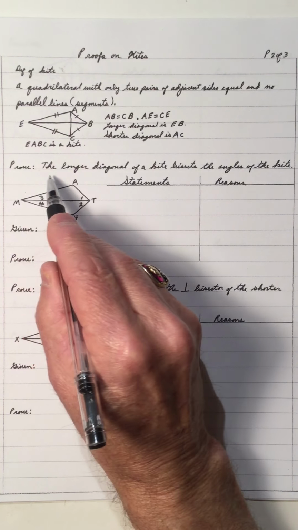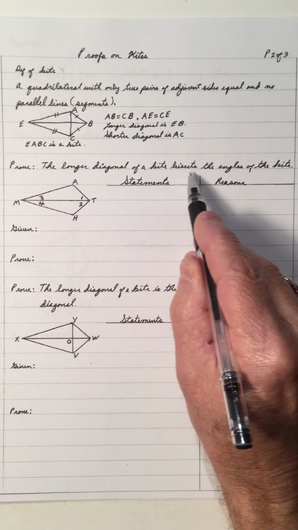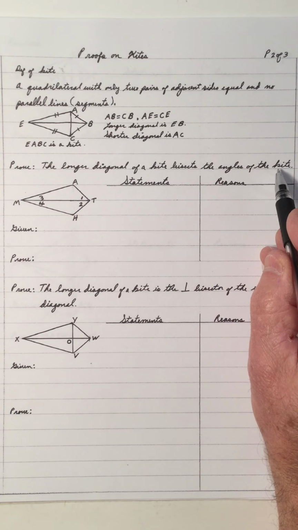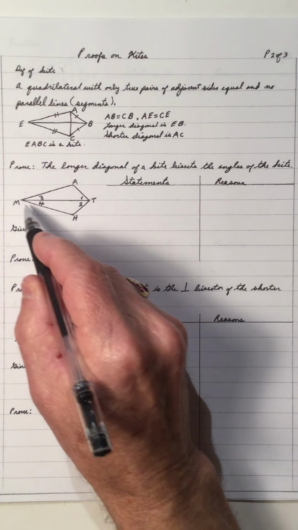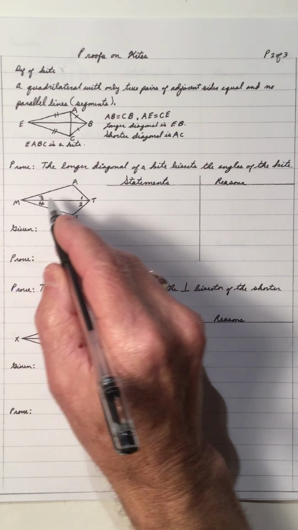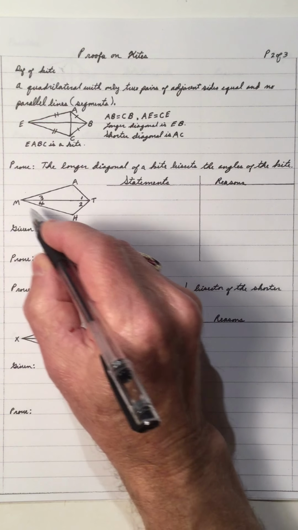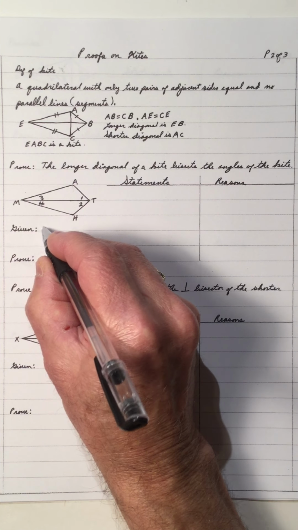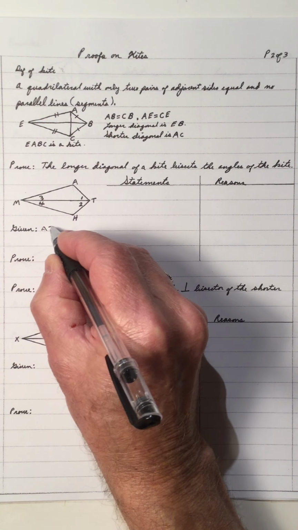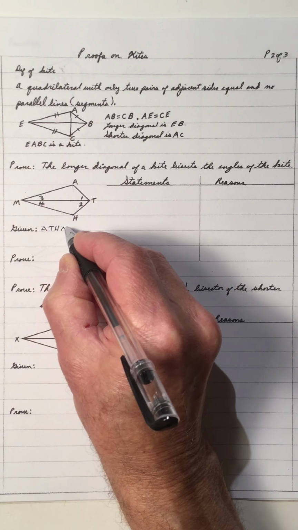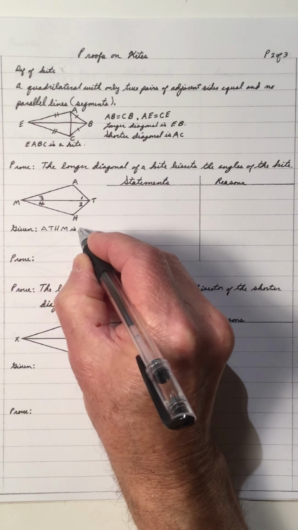Here we go. Prove the longer diagonal of a kite bisects the angles of the kite. So we're given that ATHM is a kite.